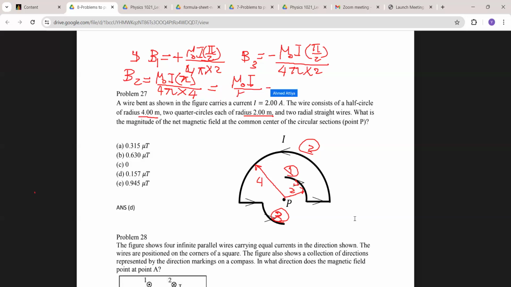16. Mu naught is 4 pi 10 to the power minus 7. The value of I is 2 ampere. And here I eliminated 6 over 16. So it would be this with V2.